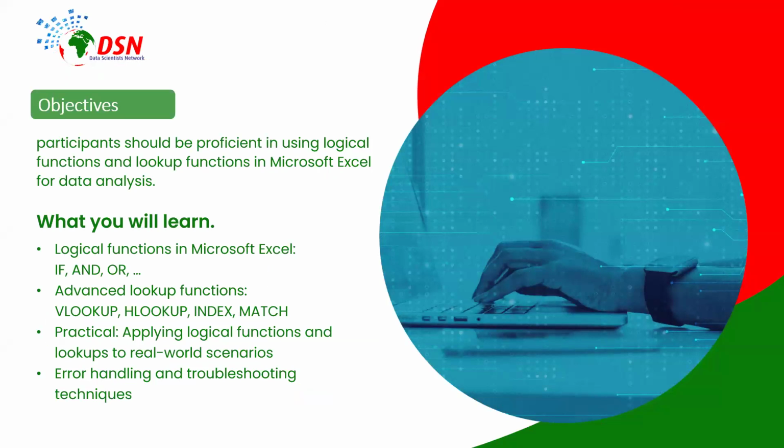You are going to learn how to use logical functions, examples are the IF function, the AND function, the OR function, and advanced lookup functions like VLOOKUP, HLOOKUP, INDEX, and MATCH. We'll also be doing a practical session, applying logical functions to keyword scenarios, and looking at how we handle errors when we get an error after using a logical function or an advanced lookup function.